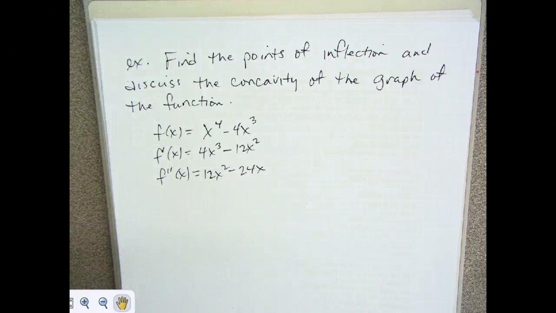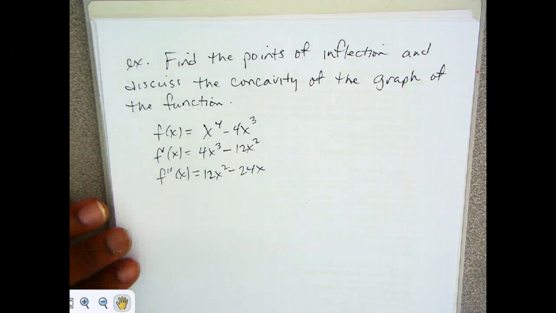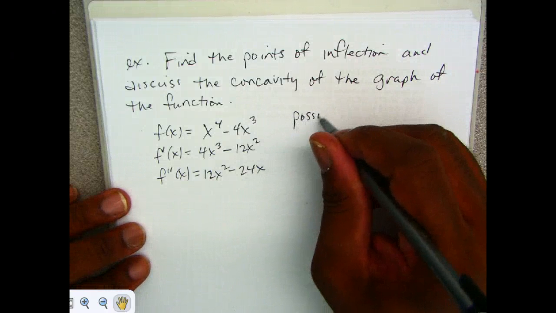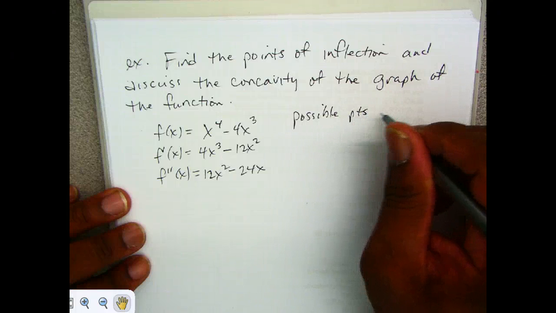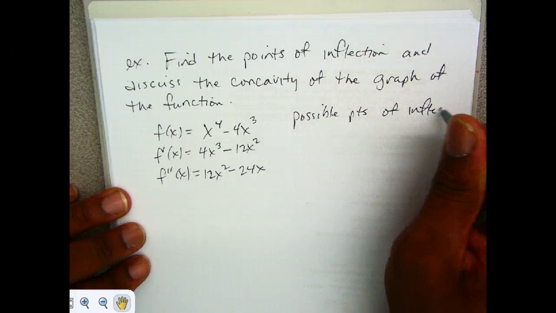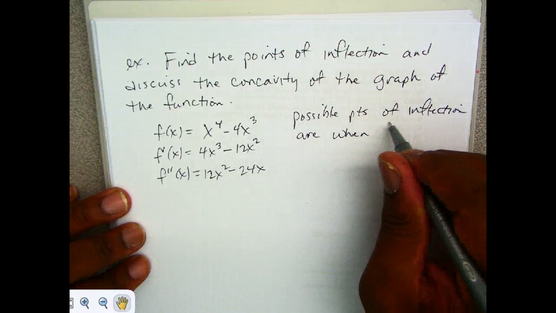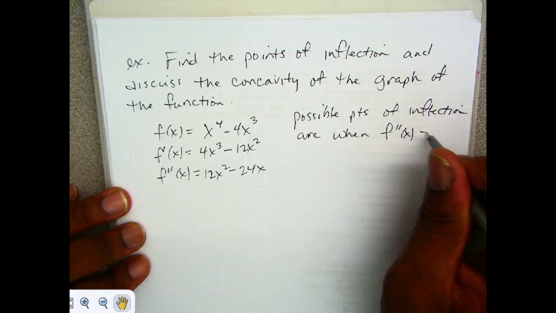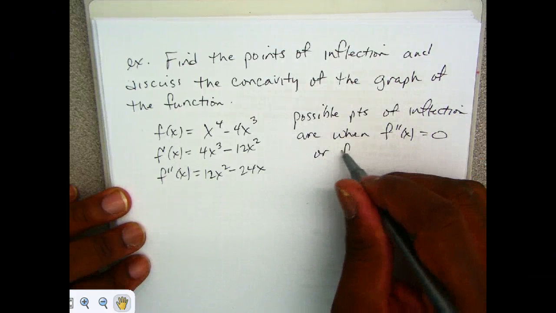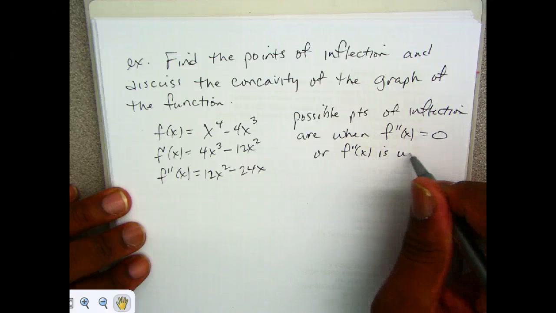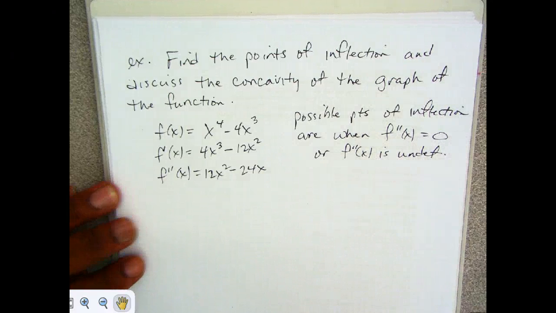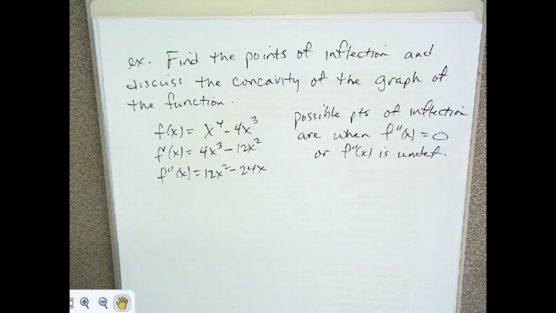Okay, so now we want to look for possible points of inflection. Our possible points of inflection are when f double prime of x is equal to 0, or f double prime of x is undefined. Because this is a polynomial, it's always going to be defined. So now we just focus on when f double prime of x is equal to 0.